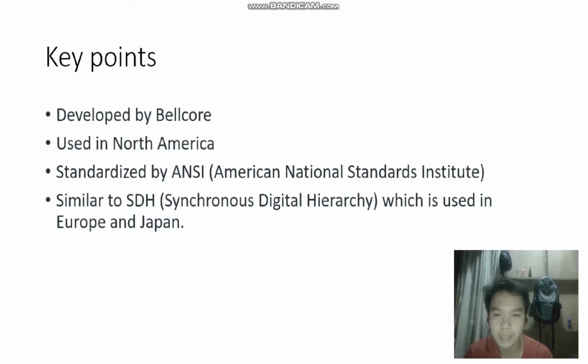So what is SDH? SDH is Synchronous Digital Hierarchy, which is used in Europe and Japan. So SONET is standardized by ANSI and it is similar to SDH. And the key point is that it is developed by Bellcore. And when we talk about North America, SONET is the best signal that they use.